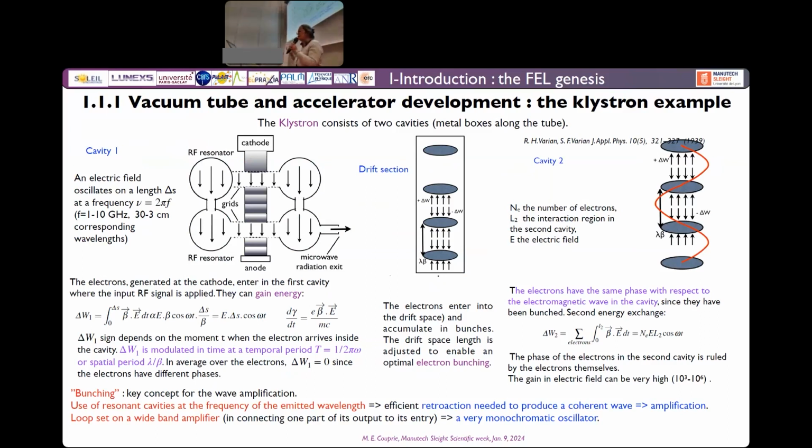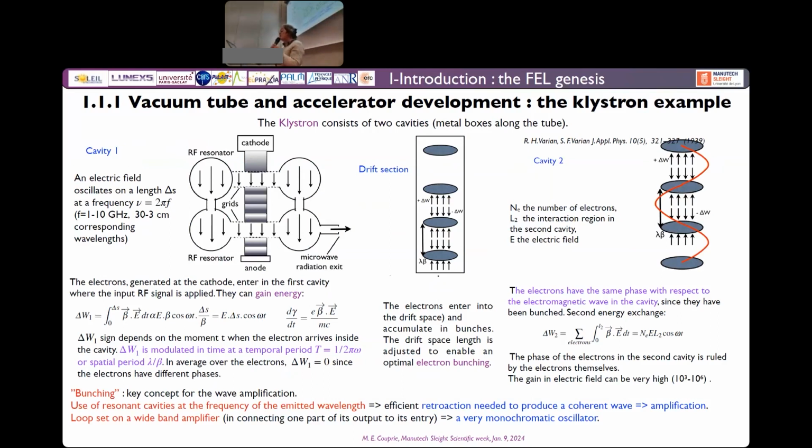So we introduce here the concept of bunching, and then the electrons enter the second cavity, and the electrons have the same phase with respect to the electromagnetic wave since they are bunched. So we have a second energy exchange, which is then non-zero, and the phase of the electrons is ruled by the cavity itself, and we can have a very high gain.